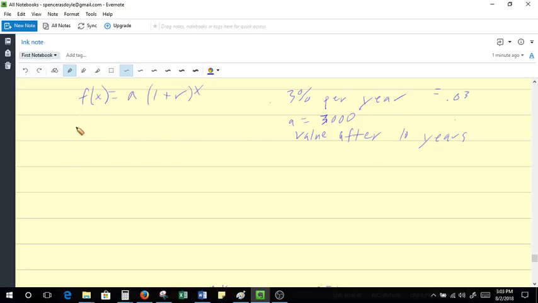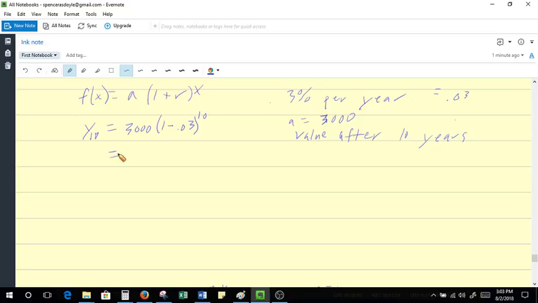So let's make this y. y after 10 years is equal to 3,000 times 1 minus 0.03, remember to make it into a decimal, to the 10.